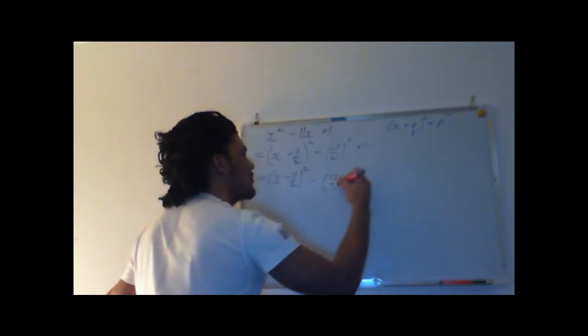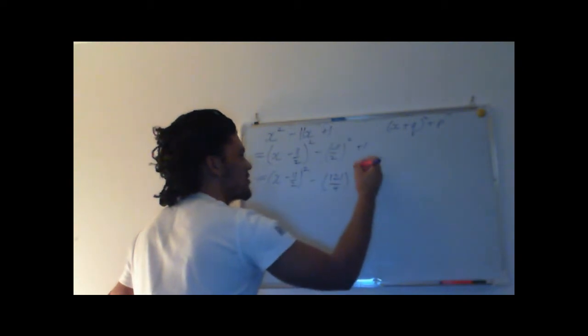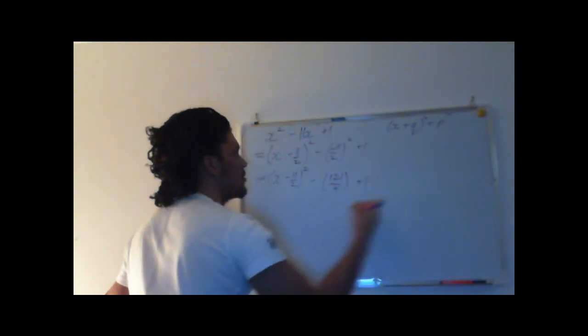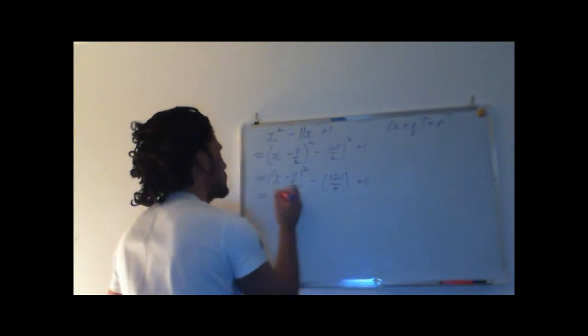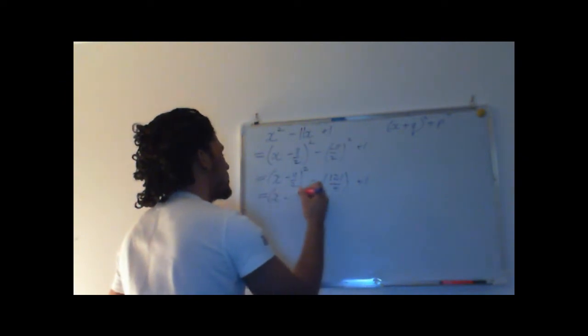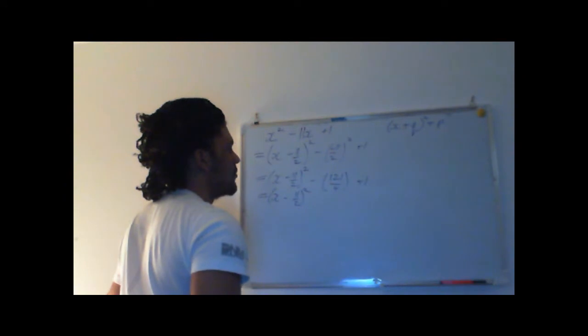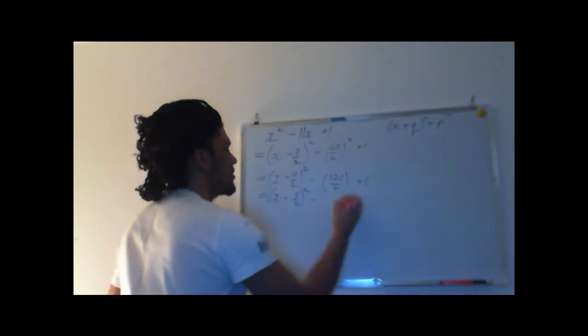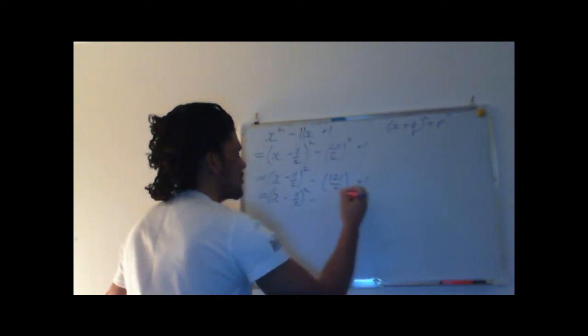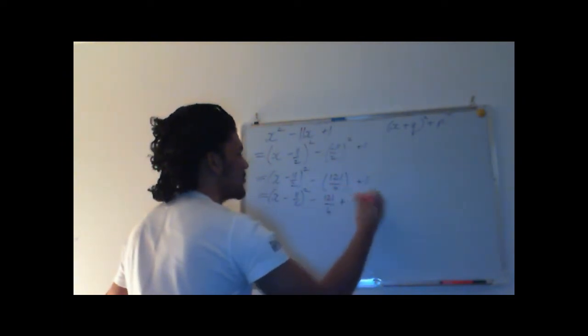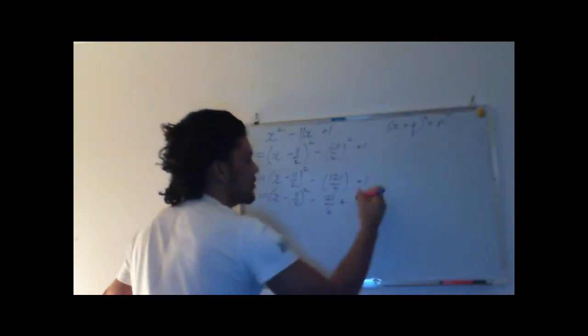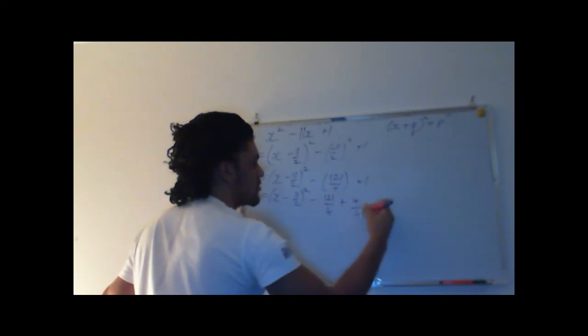Over 4, 4 being 2 times 2, plus 1. It's going to equal x minus 11 over 2 squared minus 121 over 4 plus 1, which is 4 over 4, a common denominator, so top and bottom times by 4.